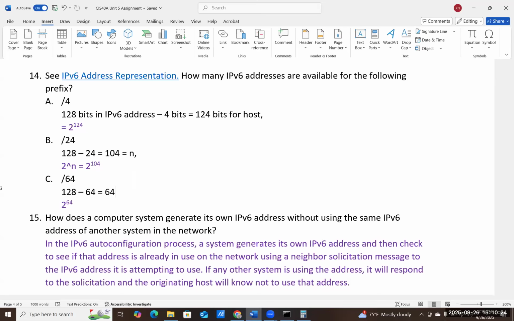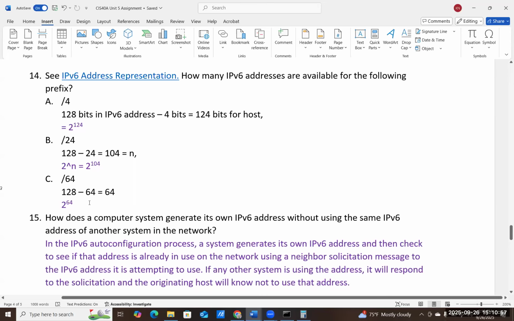The remainder, what you have left, is going to be your n value, or your exponent for base 2, which gives you the number of hosts that you can have for that segment represented with the prefix. Questions? Not too difficult, right? And then you can use your calculator just to do the math.